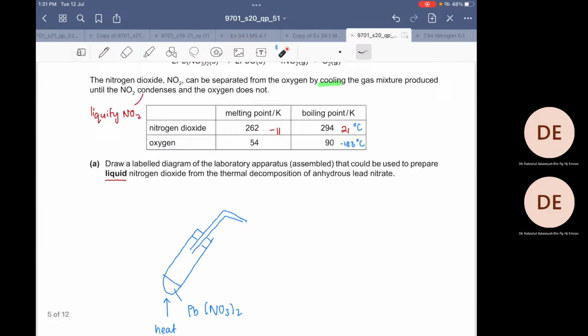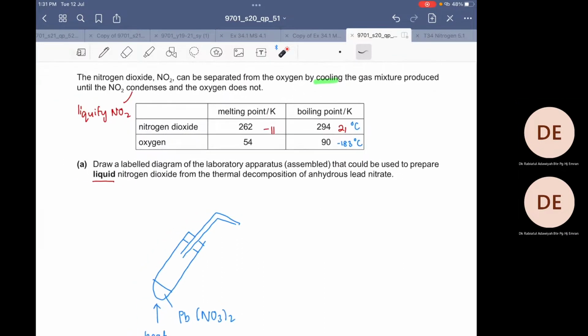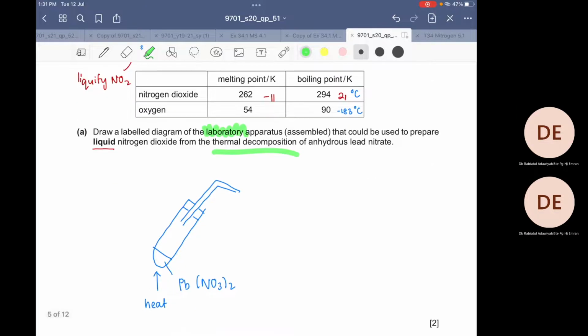Right, draw a labeled diagram of the laboratory apparatus. So it's mentioned here, lab apparatus assembled that could be used to prepare liquid nitrogen dioxide from the thermal decomposition of anhydrous lead nitrate. So first I started with the thermal decomposition of lead nitrate.